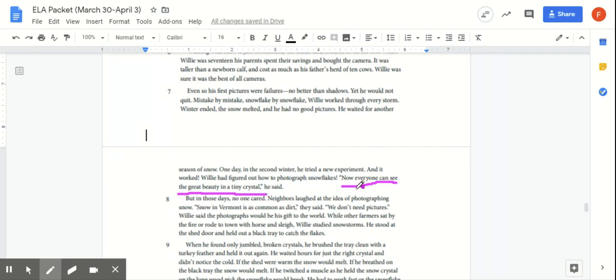Now everyone can see the great beauty in a tiny crystal, he said. So this talks about how Willie was able to see the beauty in a snowflake. He loved to take pictures of them, and they were so important to him. And this quote would best describe the main idea of the entire article and how Willie felt about snowflakes.